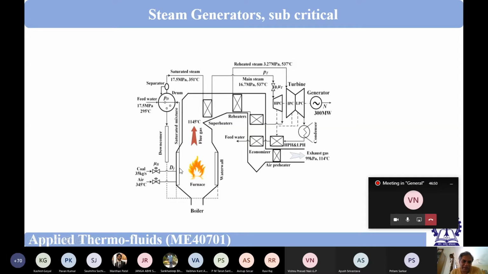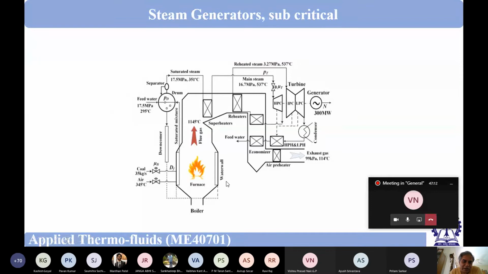So please remember that this is a rectangular box, and the boiler we are seeing one can call a water tube boiler because within the tubular structure, water or steam will be there. This is a rectangular kind of construction. Sometimes if possible, I will show you another figure.